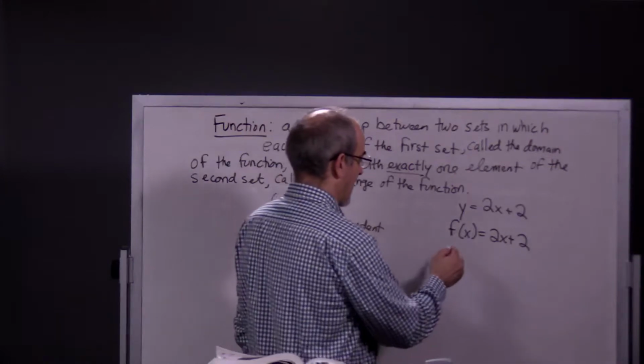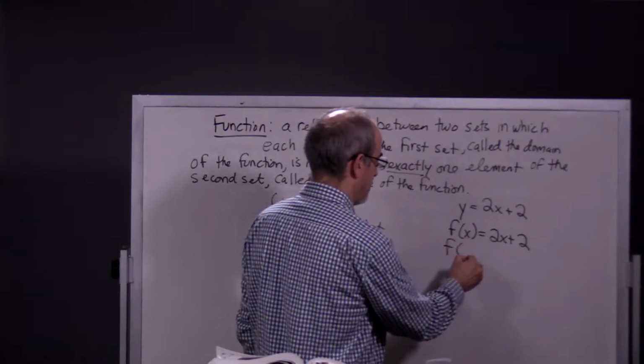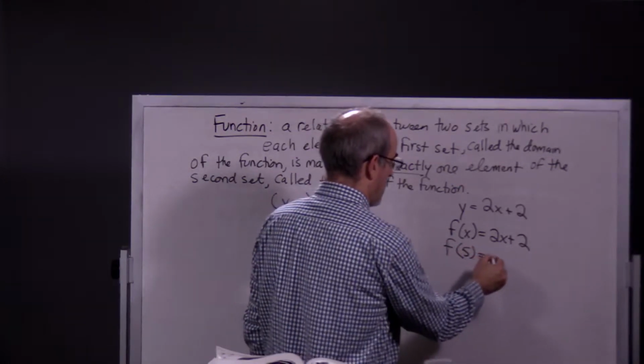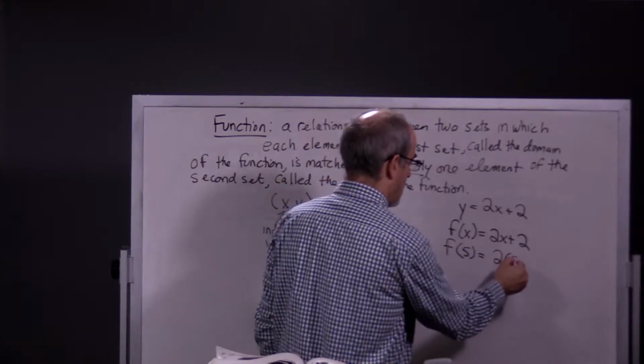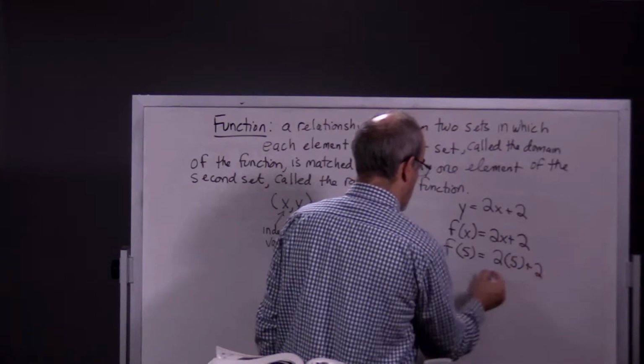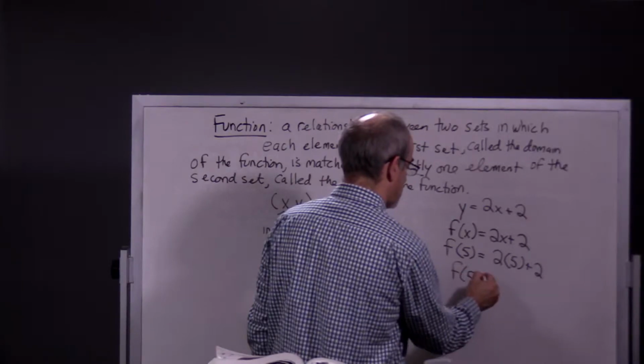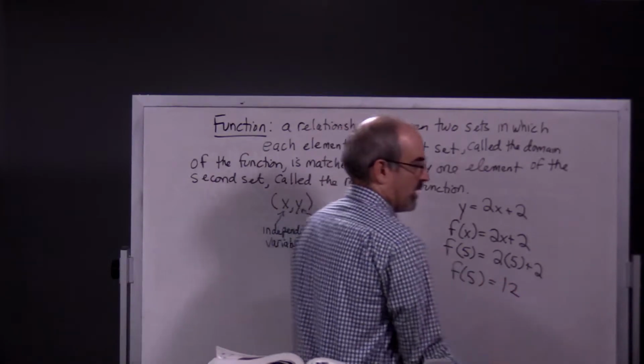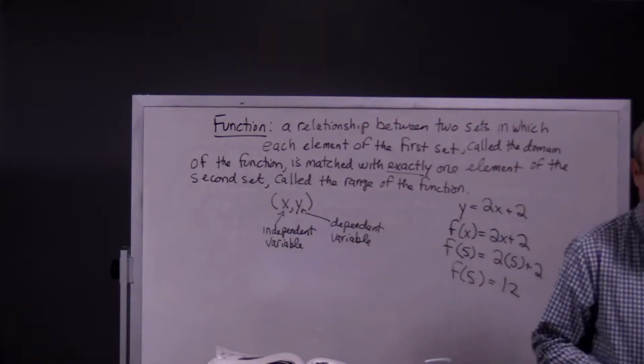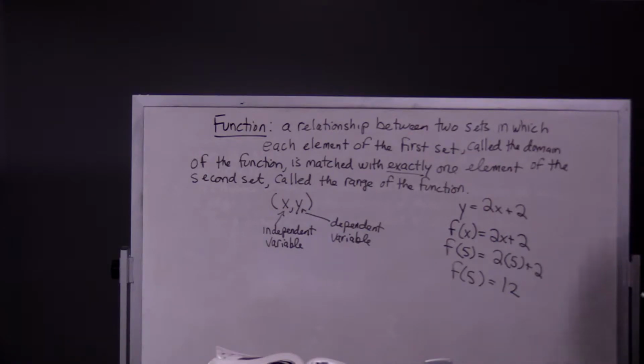So if I let x be 5, you're going to get out 12. There's no other y value that you'll get. Every time you stick 5 into this function, you get out 12.